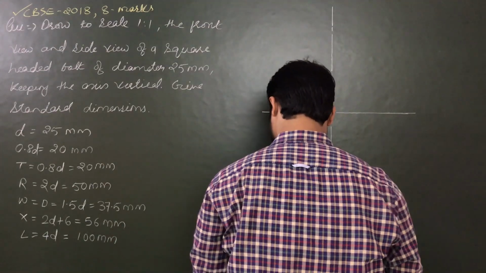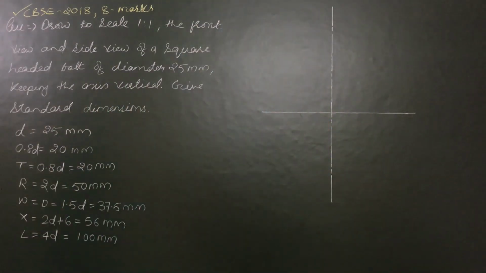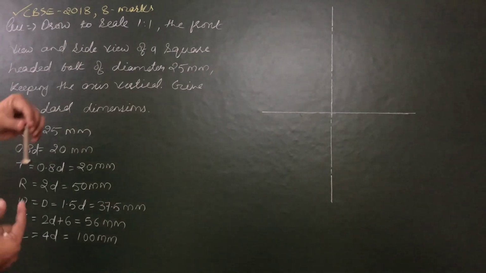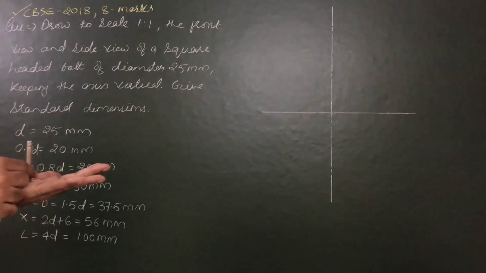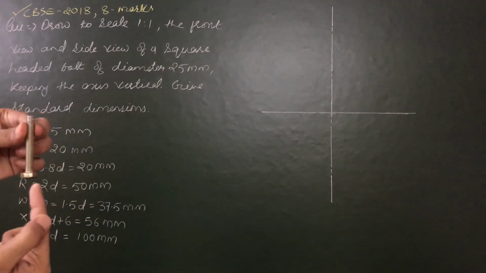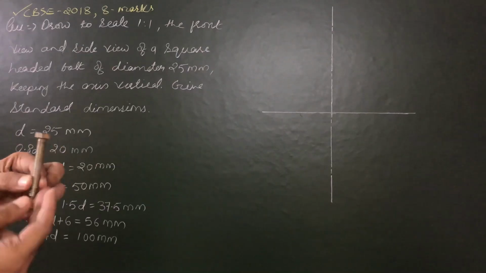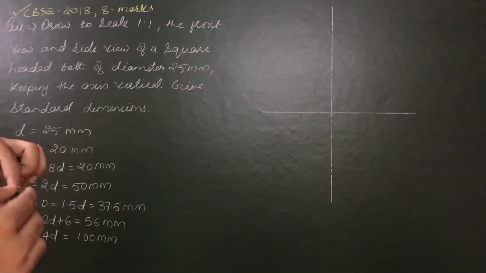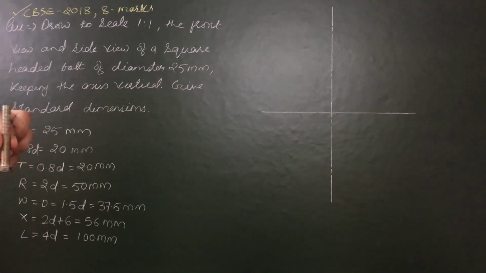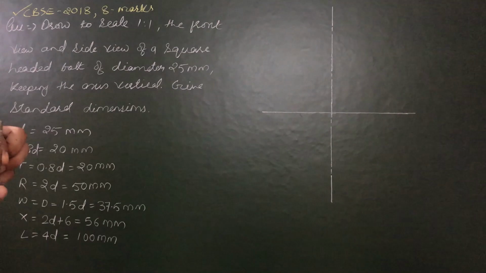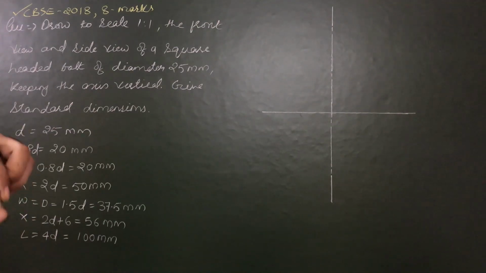So here the axis is vertical. Axis is vertical means the bolt axis is vertical. So the bolt head will be on horizontal plane, or we can also assume this position, but this is better. So first of all, we have to start from its top view. So we'll construct this part first as top view like this, and then we'll construct its front view.